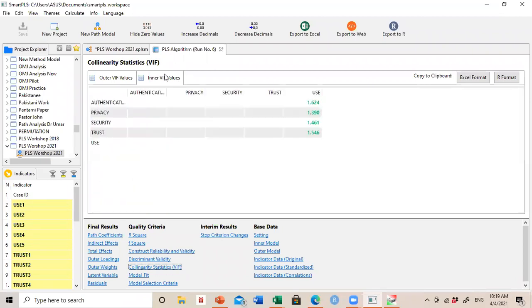So in this model, the threshold is 3.3 or 5 according to Hair, or Diamantopoulos and Siguaw respectively. In this case, do we achieve VIF? I am asking a question. Do we achieve VIF? Yeah, all the values are lower than 3.